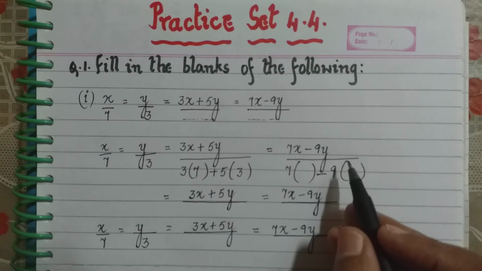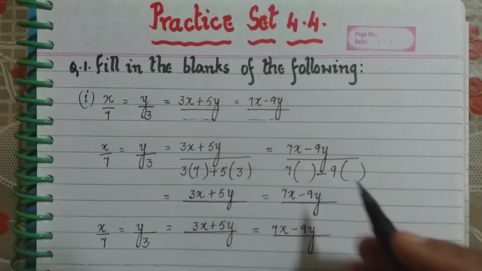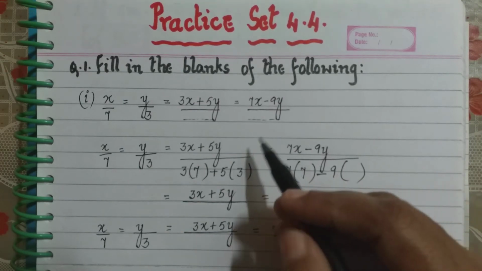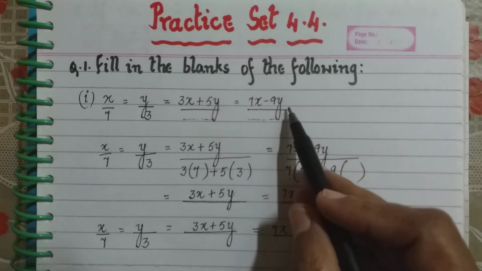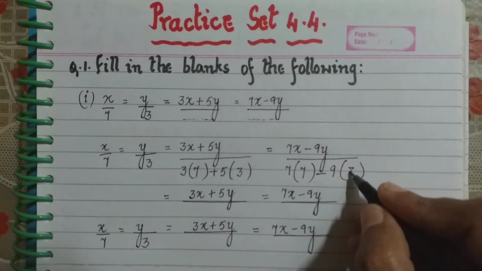Same way we do for this. We have 7x minus 9y. The denominator of x is 7. So 7 into 7 minus 9y. So the denominator of y is 3. So we write that.